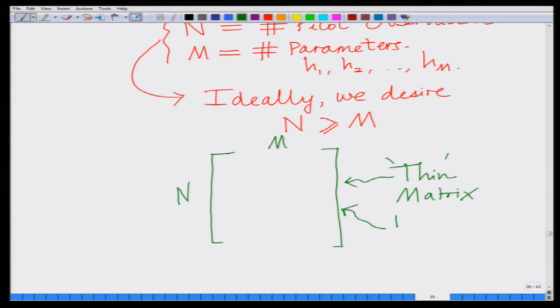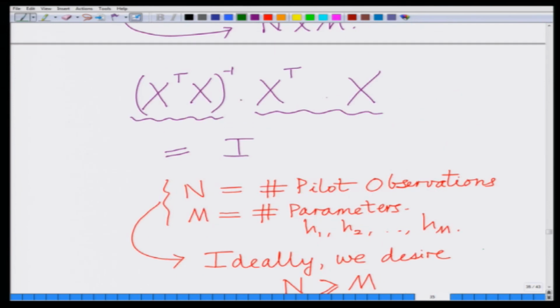So, for n greater than m, the inverse does not exist. However, if you look at X transpose X inverse X transpose times X, it equals the identity.